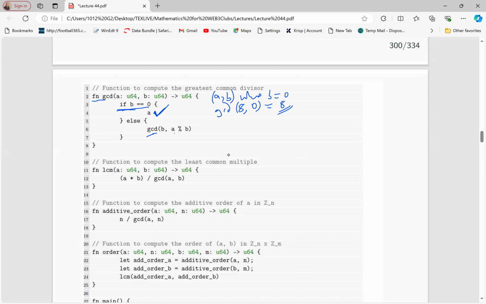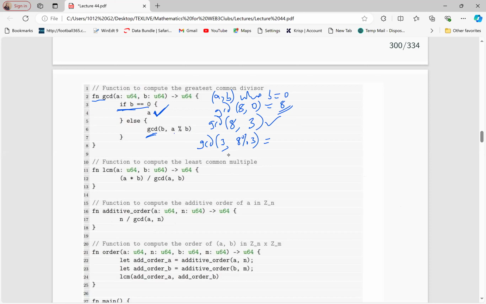So what happens is, supposing I have 8 and 3, and I want to get the GCD, the first call is the GCD of 3 and the remainder of A on division by 3.